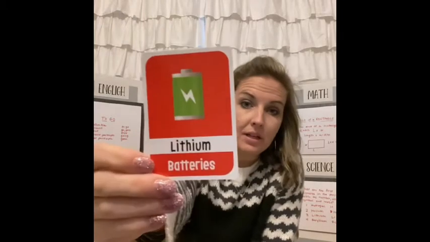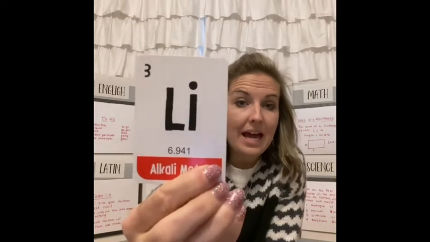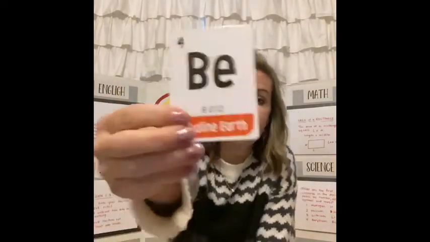Lithium, the symbol is Li, the number is 3, and the mass is 7. And then we have beryllium. Whoops! The symbol is Be, the number is 4, and the mass is 9.